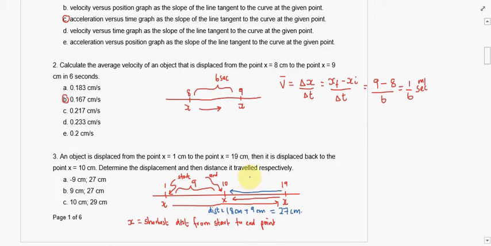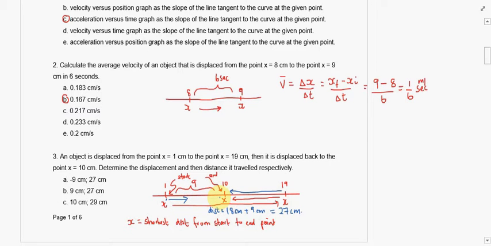Okay, so remember, distance does not take into consideration direction. It just gives me the total magnitude of how much I covered. Displacement does take the direction into consideration. So if I started here and I ended here, I had a net displacement of 9 centimeters to the right.